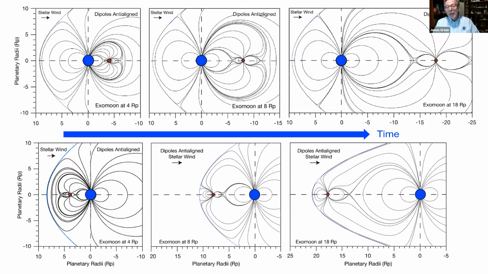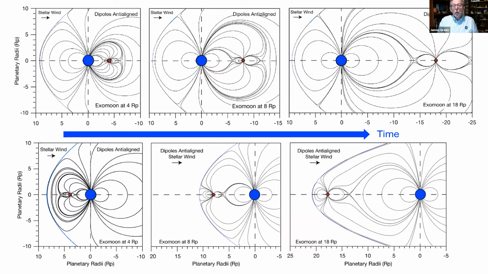The top and bottom panels show noon-midnight meridian cuts of the magnetic field topology at several locations of the exomoon: at 4 planetary radii, 8 planetary radii, and 18 planetary radii. The top 3 panels show the exomoon on the night side at midnight, and the bottom 3 show the exomoon on the day side, at noon.